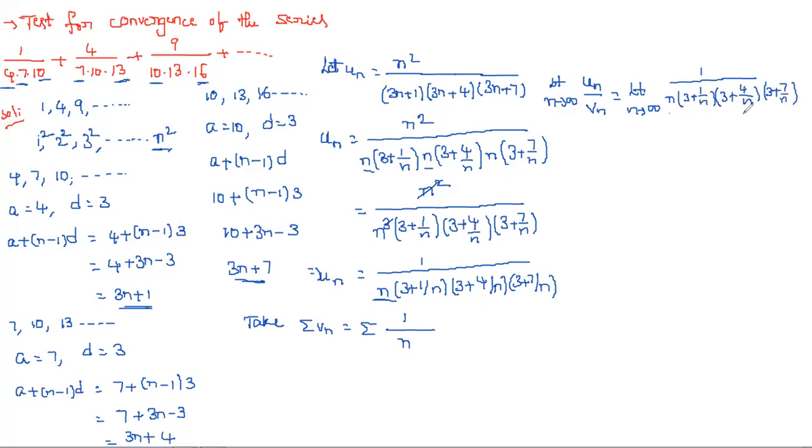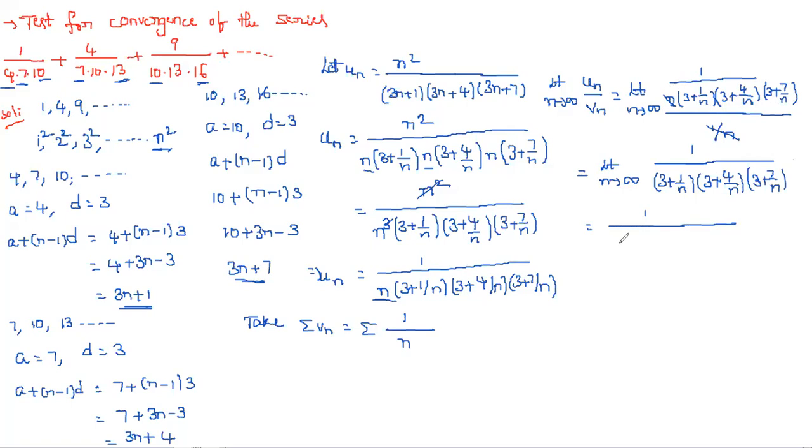This whole un by Vn, Vn is 1 by n, so 1 by n cancels. And now limit n tends to infinity, what about the remaining? 1 by (3 plus 1 by n), (3 plus 4 by n), and (3 plus 7 by n). Now you can substitute infinity in place of n. So then 3 plus 1 by infinity, 3 plus 4 by infinity, and 3 plus 7 by infinity.